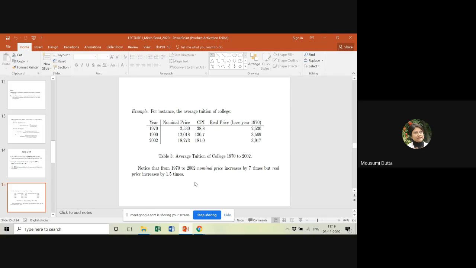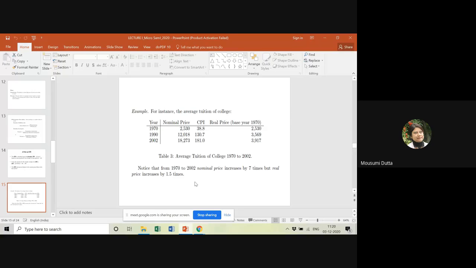So the institution has increased the charge only by 1.5 times, not by 7 times. Apparently it seems as if the institution has changed the price 7 times. However, it is not a 7 times increase, it is only a 1.5 times increase, the rest is inflation.